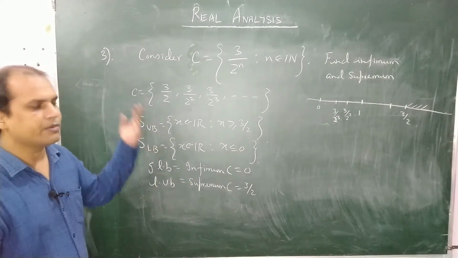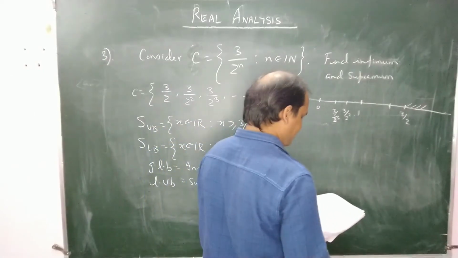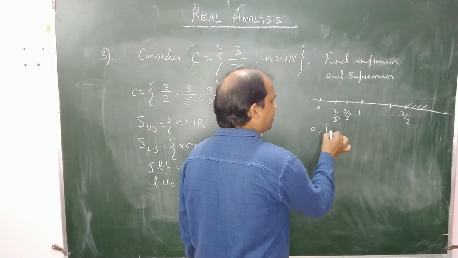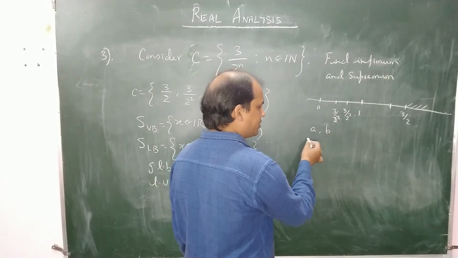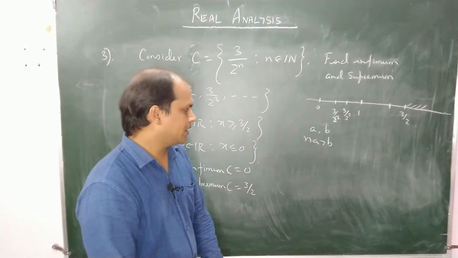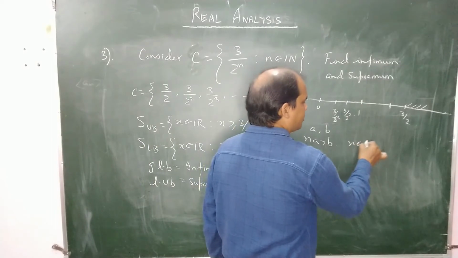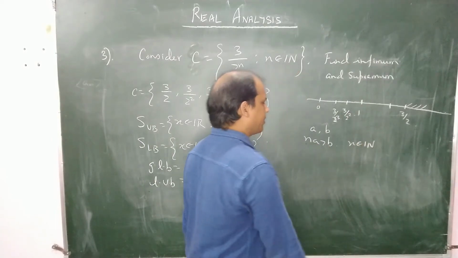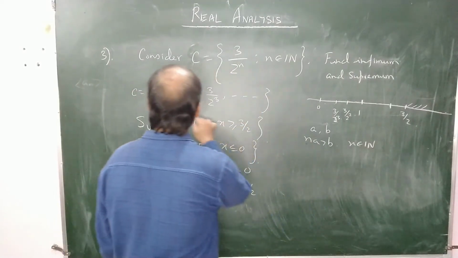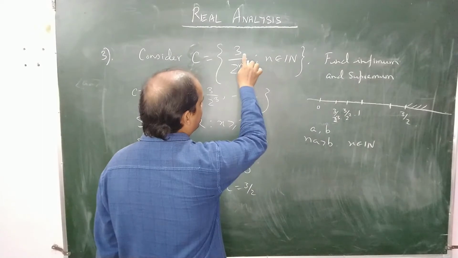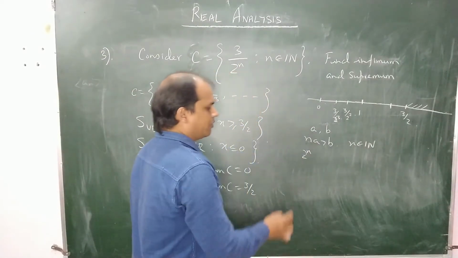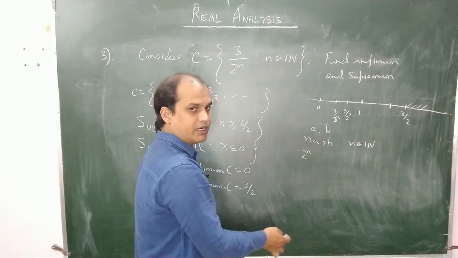Again, using the Archimedean property of R, we know that whenever two positive real numbers A and B are given, there always exists a natural number n such that n times A is greater than B. Let me replace n by 2 to the power n, which is again a natural number because n is a natural number.